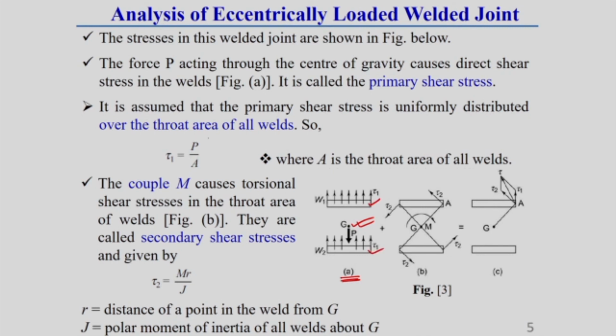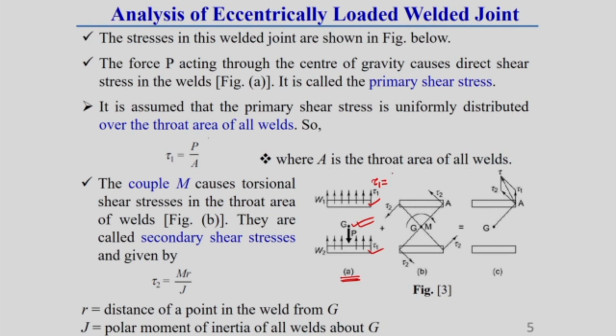If the load is in the downward direction, the resisting force which develops in weld 1 and 2 will be opposite to that loading direction. That is why I am representing the primary stress tau 1, which will be equal to what?